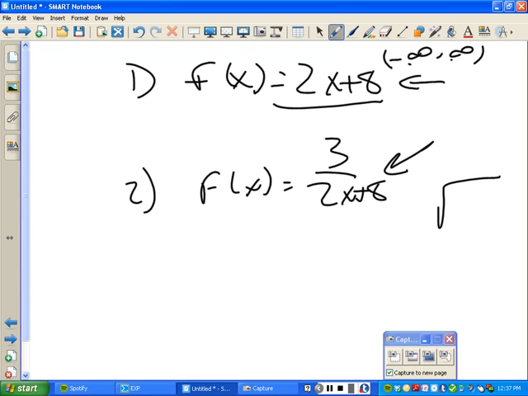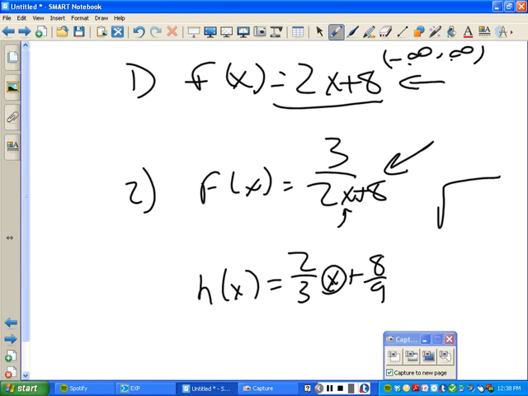And I have ways of disguising that. Just a warning. h of x equals 2/3 x plus 8/9. Still the same thing. Why? Because the x is not in the bottom.